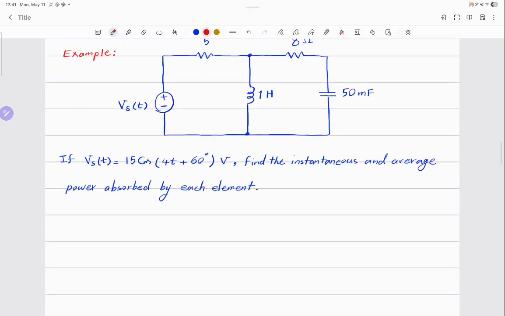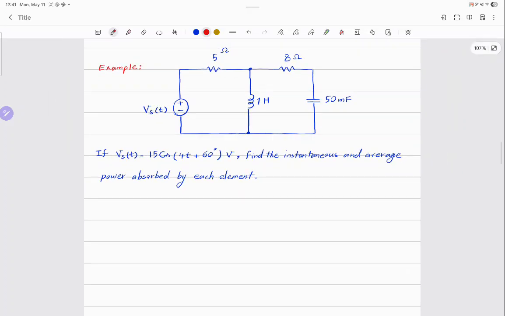Let's do this example and see what happens. So we have the voltage source, and we want to find the instantaneous and average power absorbed by each element. This is my question. What is the first step? I need you to understand this first step very, very fast. What is the first step?